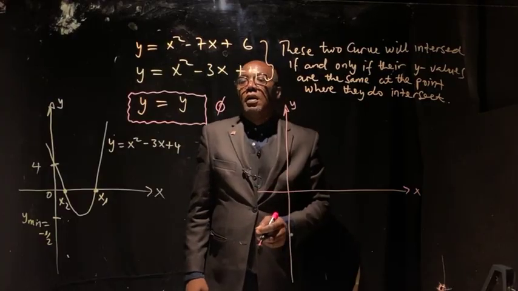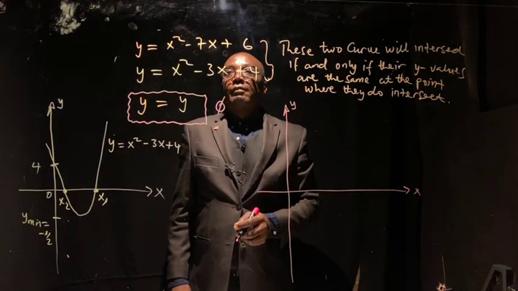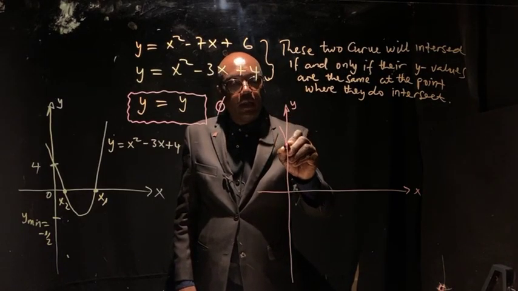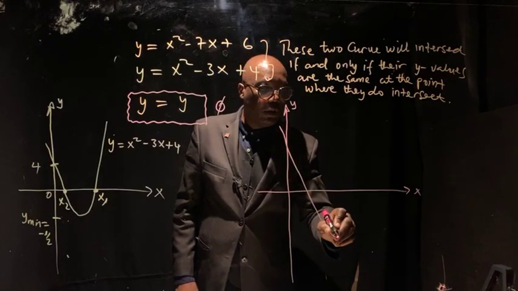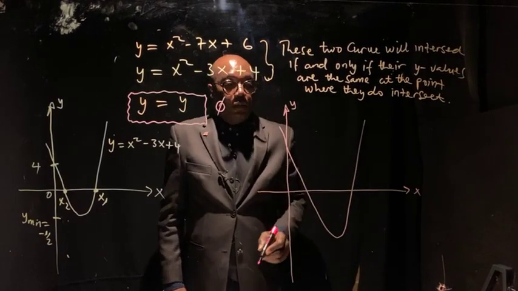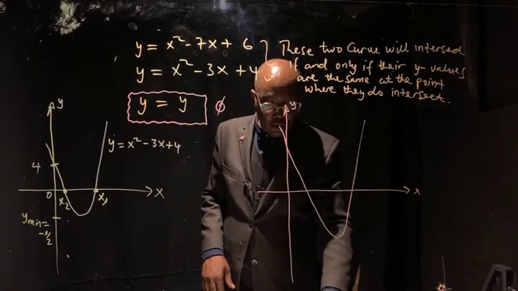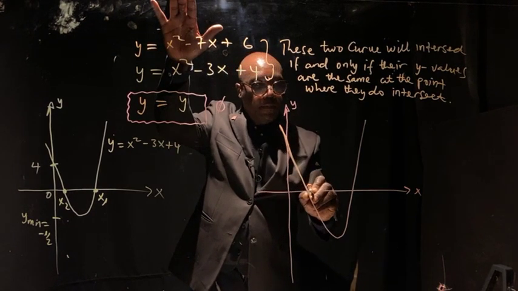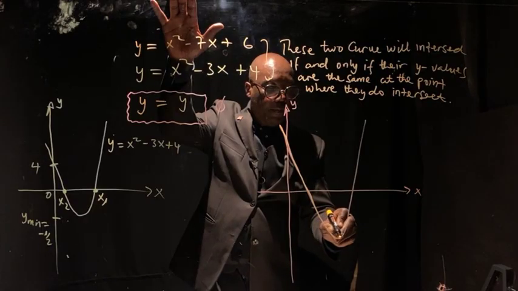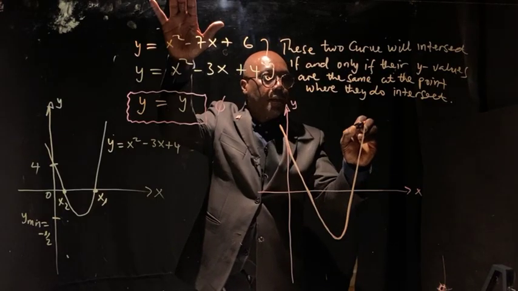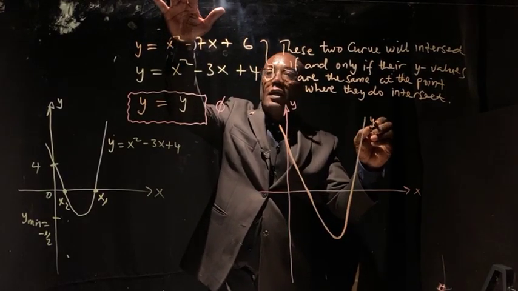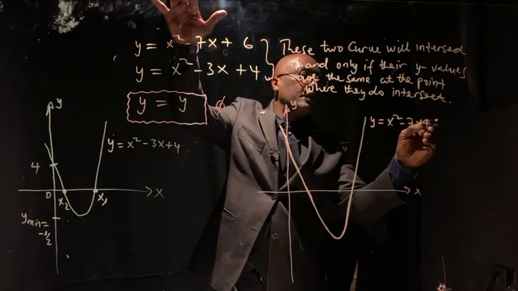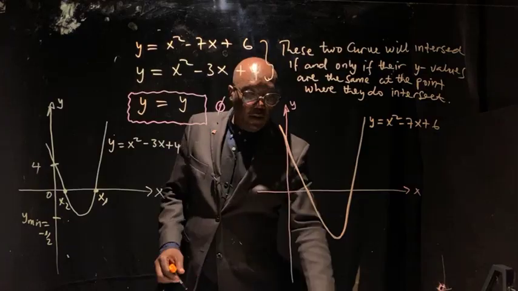Previously, we found out that the first graph was like this. And the equation is y equals x squared minus 7x plus 6. This is the origin.